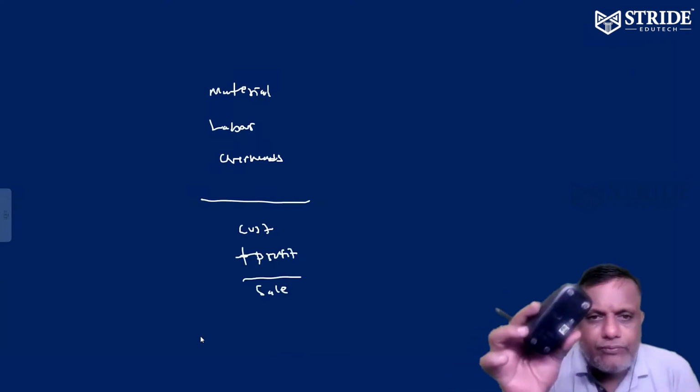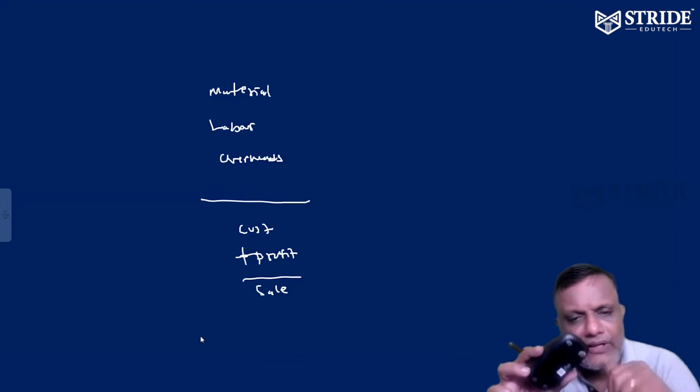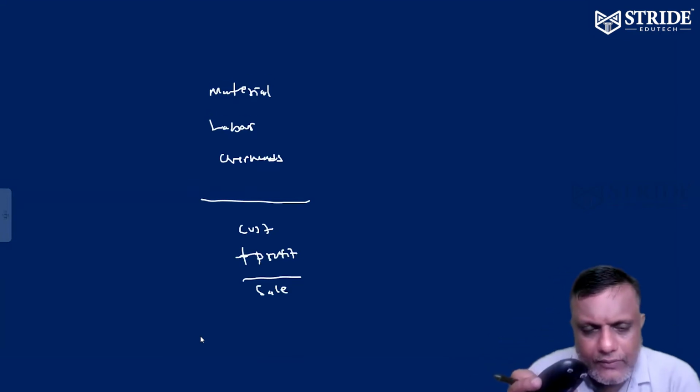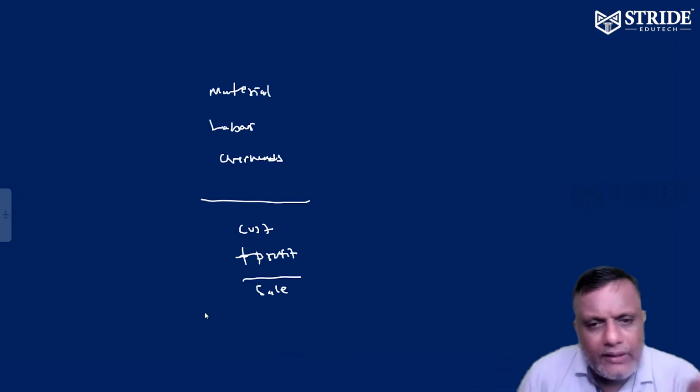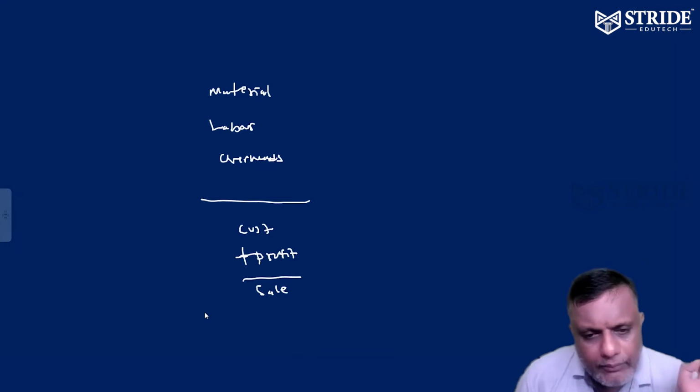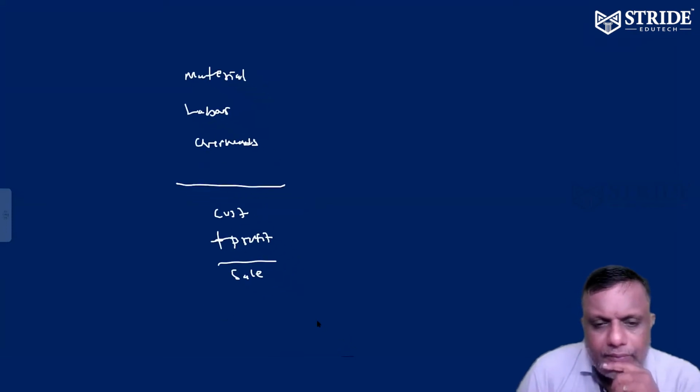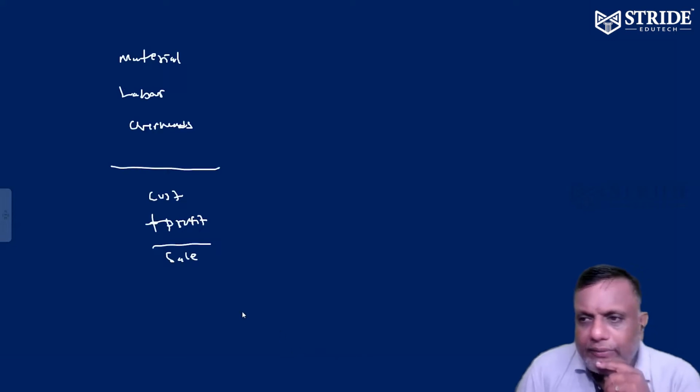Suppose I have a mouse; it consists of a material component, a labor component, and other expenses: overheads, factory related expenses, office related expenses, selling related expenses, distribution related expenses. Those kinds of indirect expenses are called overheads. So material, labor, overheads means cost. The aggregate of material, labor, and overheads gives us cost. Then you add a profit, and you get a sale. That's the basic idea.